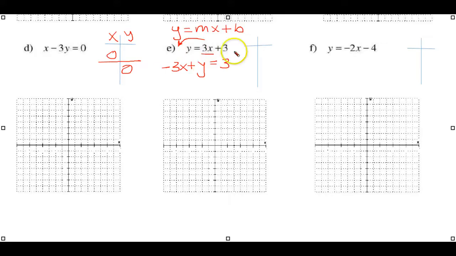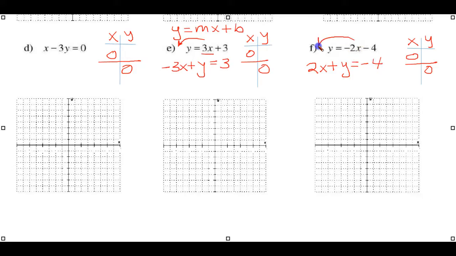Now this is in standard form, so we can use the x and y intercept t-chart. Now you could do it this way too. It's just a little bit more convenient to put it in this form. And we'll do it for this one too. Just bringing that over. 2x plus y equals -4.